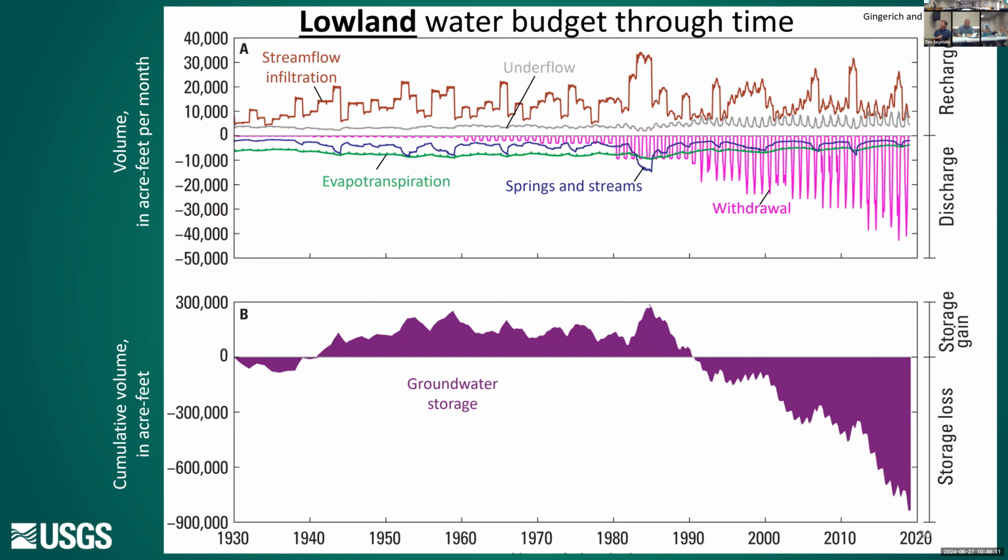So I think this is a pretty powerful plot that comes out of the accounting part of the model. We can go through and look at where water's going throughout the entire period of record, both inputs into the model and discharge from the model. The very top shows volume of recharge through time, and that mimics the earlier plot I showed.